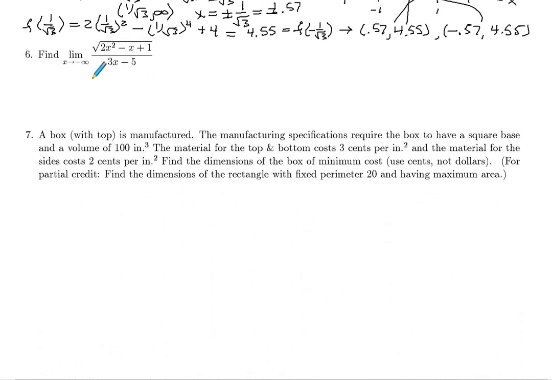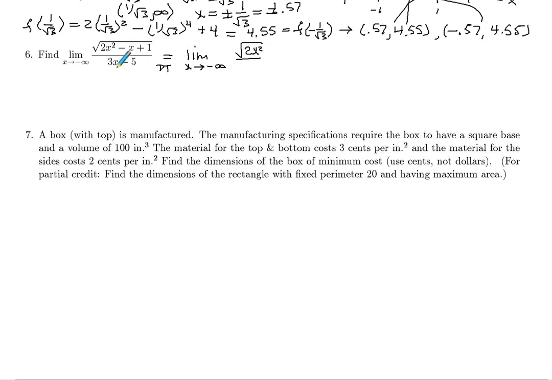All right, next up we have a limit and x is going to -infinity. So this means that we can look at dominant terms here. As x gets bigger and bigger, the term that makes the difference on the top is that 2x squared, and it's underneath the square root. So root 2x squared.